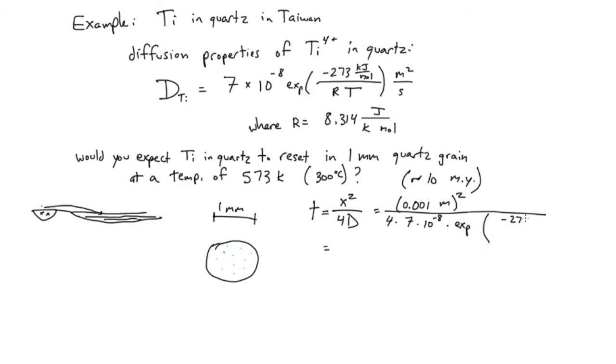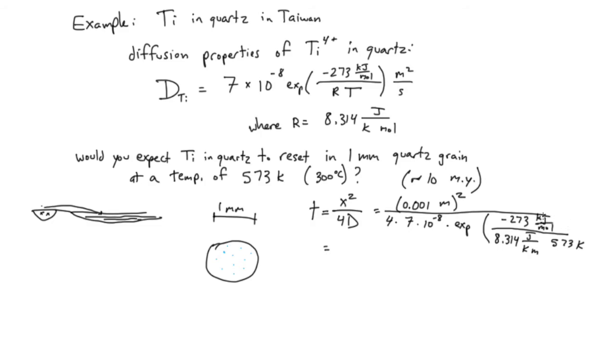It's 273 kilojoules per mole. Put in 8.314 joules per Kelvin per mole, times 573 Kelvin.